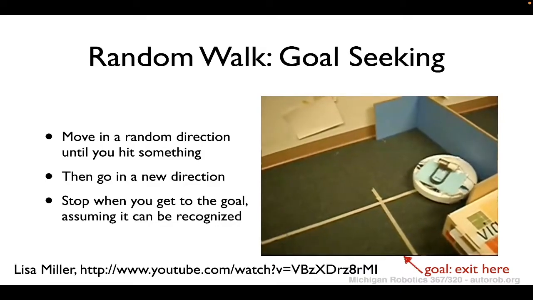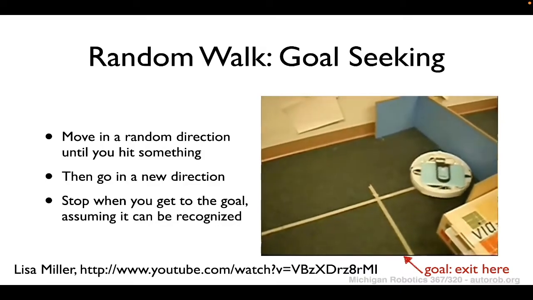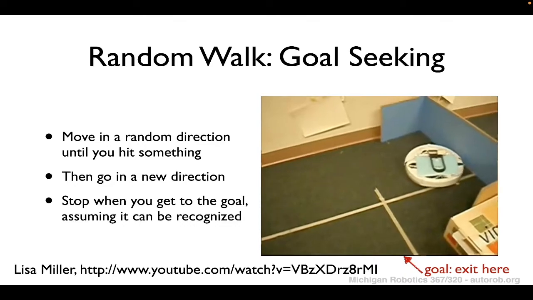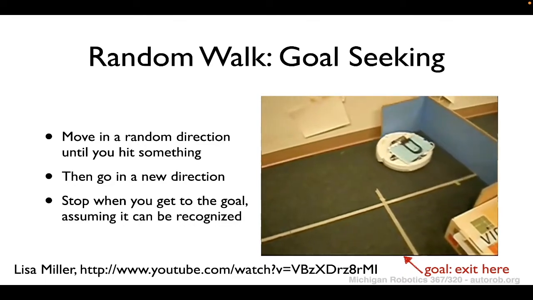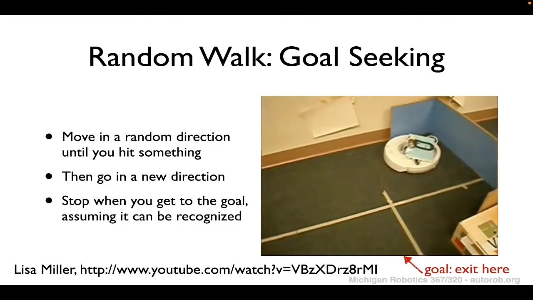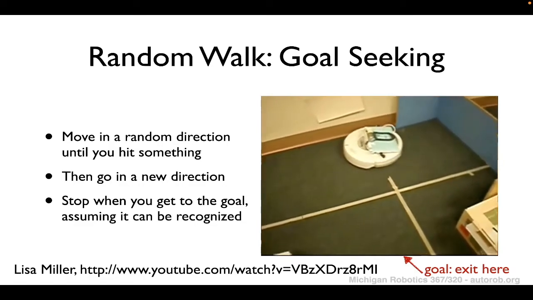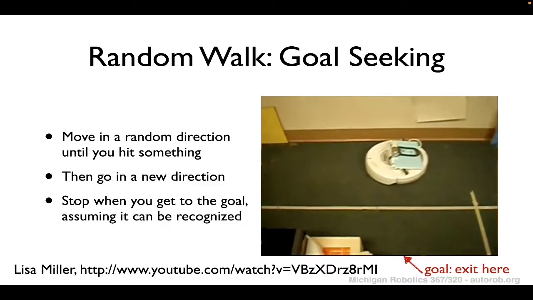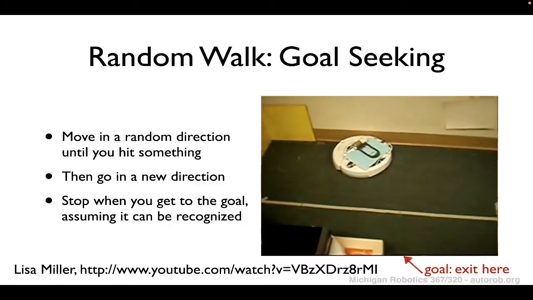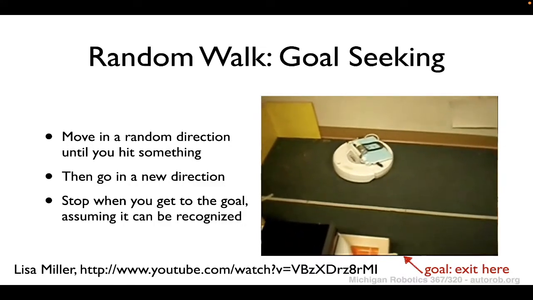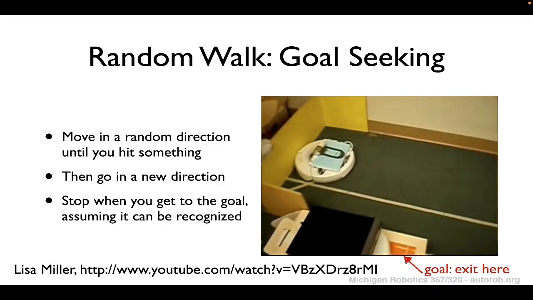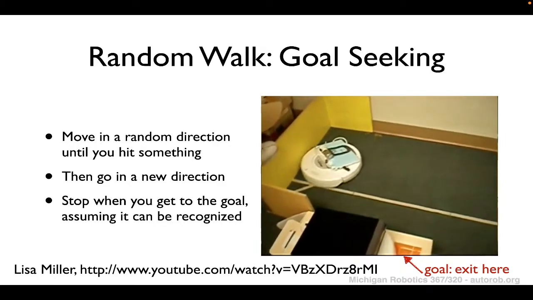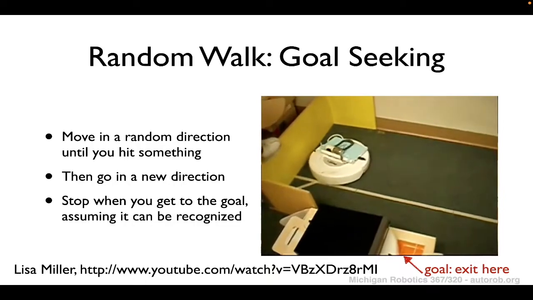We looked at this demonstration, which is once again included on this slide, where a mobile robot simply decides to move in a random direction until it collides with an obstacle, and then it randomly picks a new direction and repeats. It repeats until it reaches some goal state, which in this case is just to escape this enclosed space.